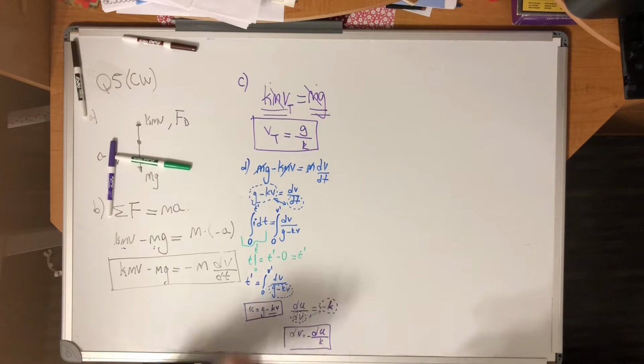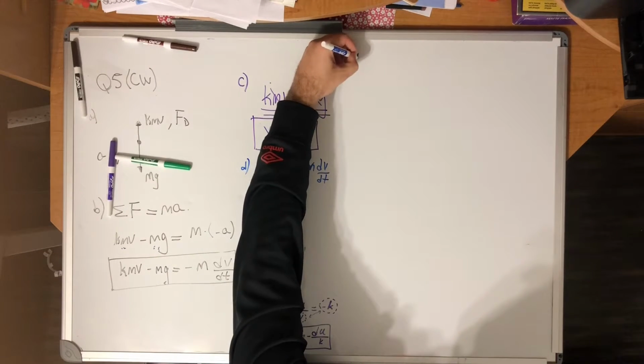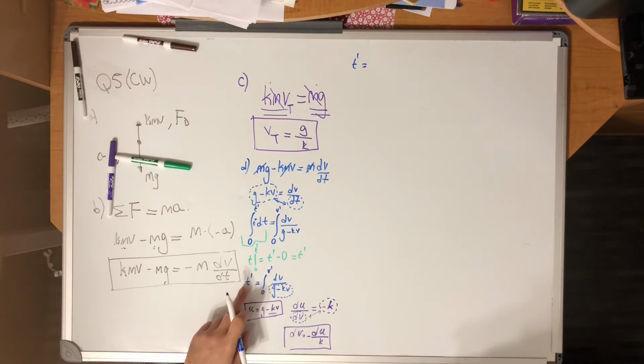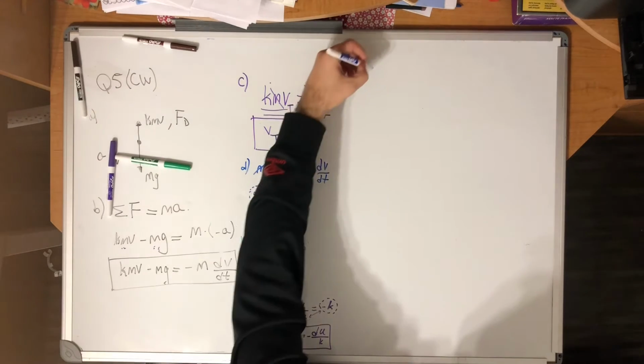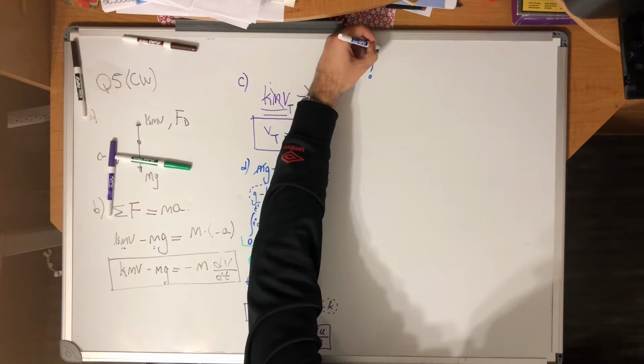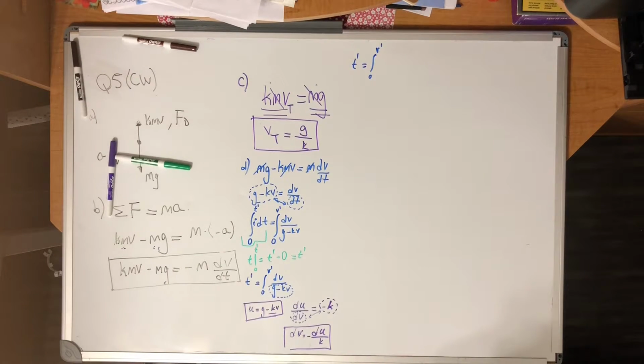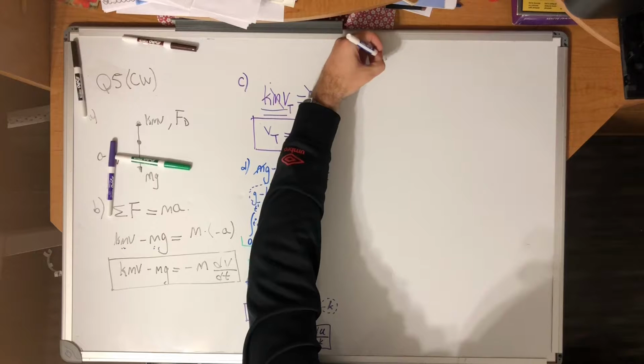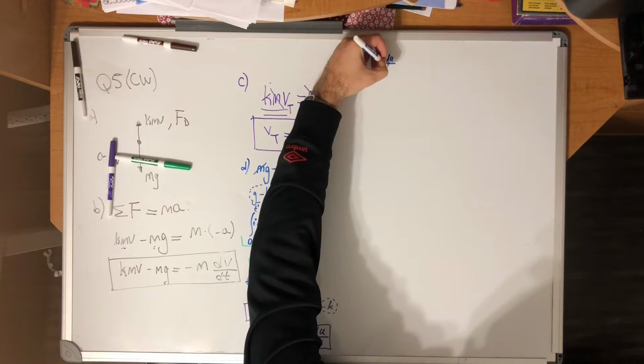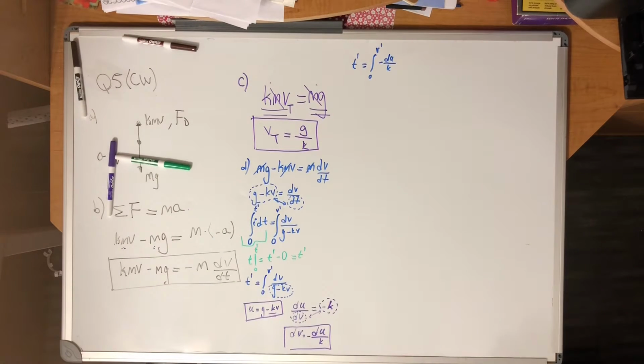And let's continue from here. That's t prime. Remember, we were done with the left side, and now 0 and v prime are my boundaries. So instead of dv, what am I going to use? I'm going to use negative du over k. So I have replaced this dv with negative du over k.